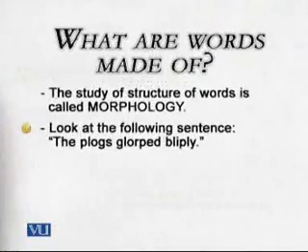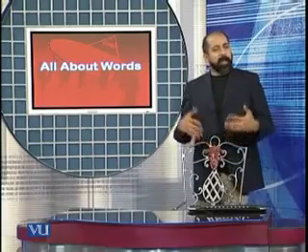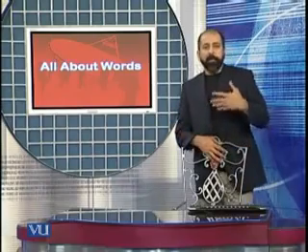Exactly the same way, the sentence which we analyzed together, the plogs, glopped, bliply. Now, in this, there are 2 types of morphemes. We call them free morphemes and bound morphemes. Free morphemes are those which can stand alone. You can say root words; all root words of the English language can stand alone. They are free morphemes.